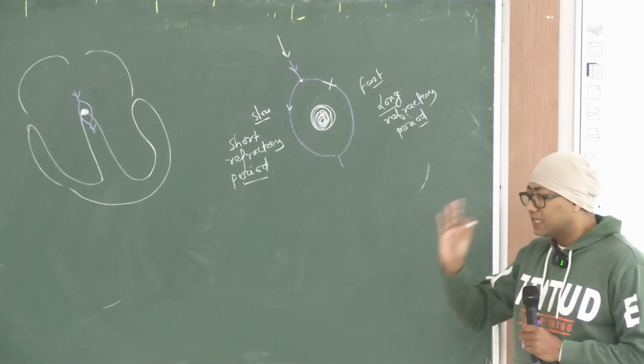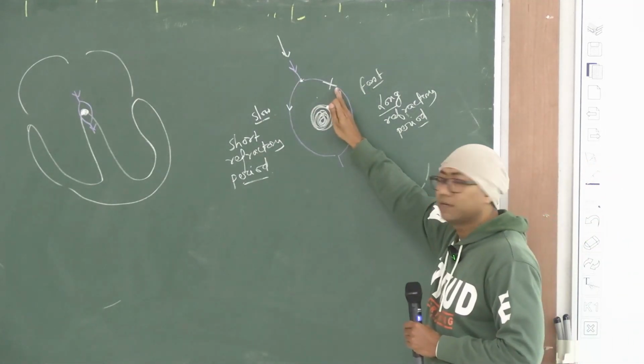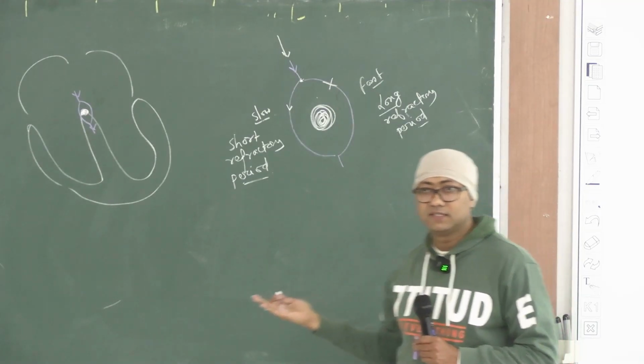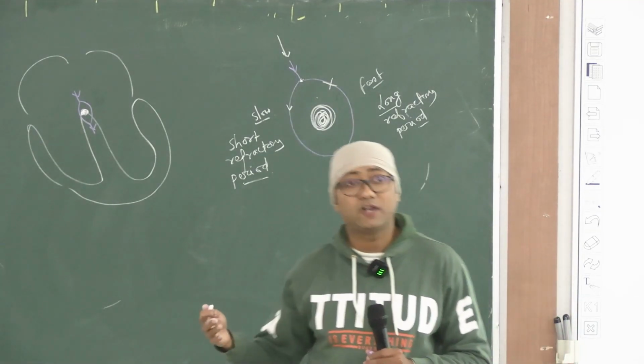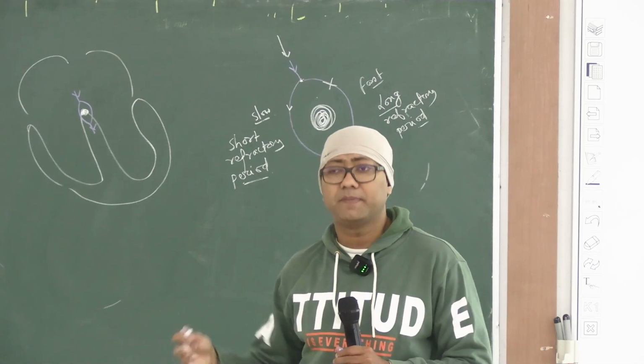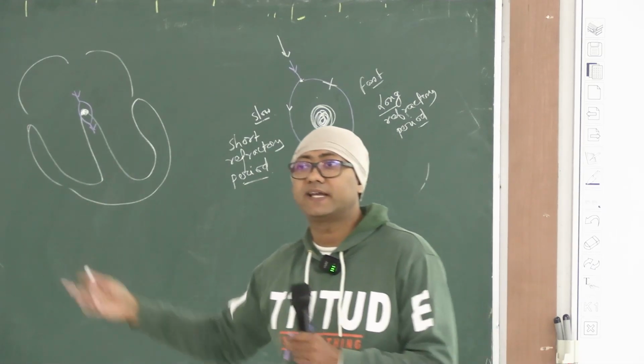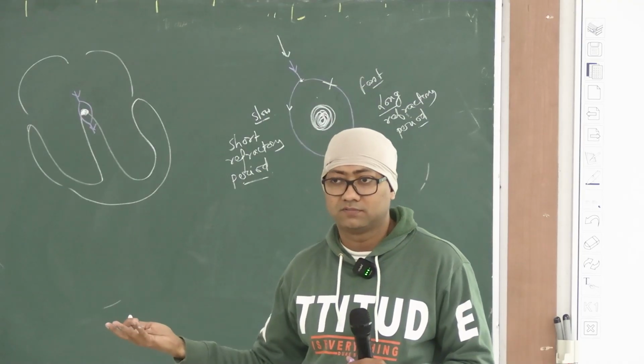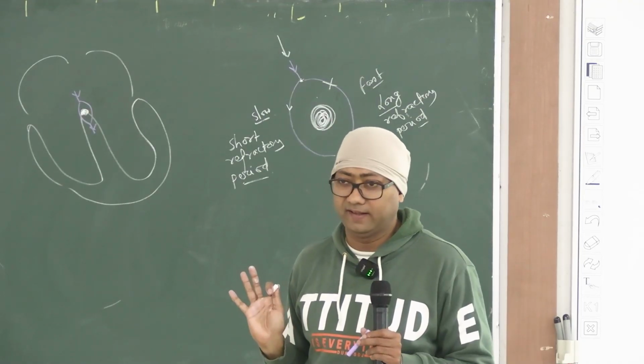Understand clearly why the action potential is not coming through this pathway: because this pathway is refractory, it has got a long refractory period. Maybe after 300 milliseconds this refractory period will be gone, but right now it is refractory.